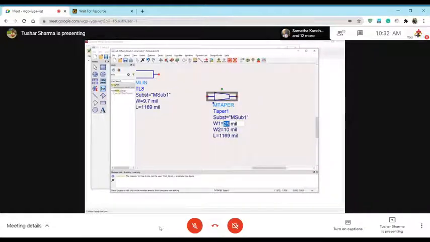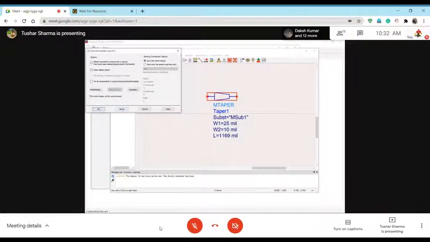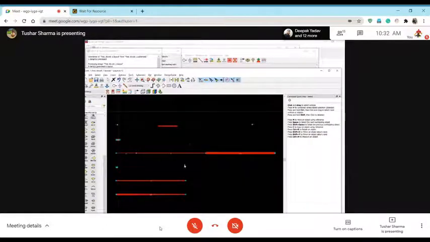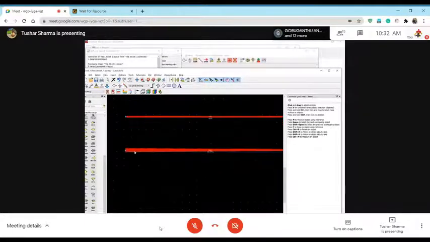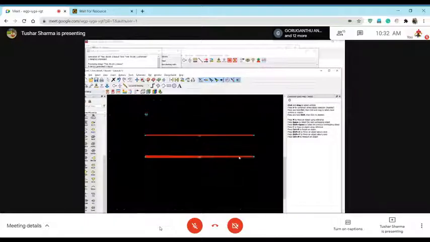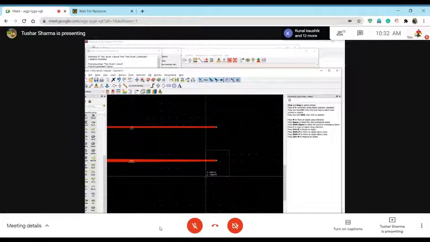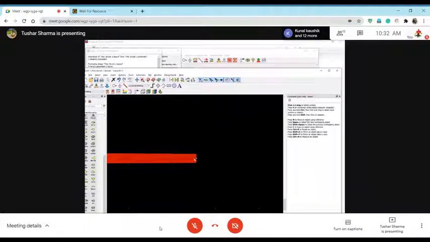So I want 25 mils and I want to convert that 25 to 10 mils. This 25 mils is for sure a higher width, which means a lower impedance. This is a lower width, which will be a higher impedance. So I can just use this taper. See, this is my taper. This line will automatically convert the impedance, so I can directly connect my connector here.